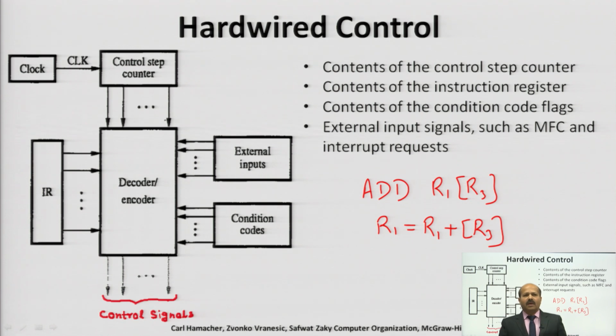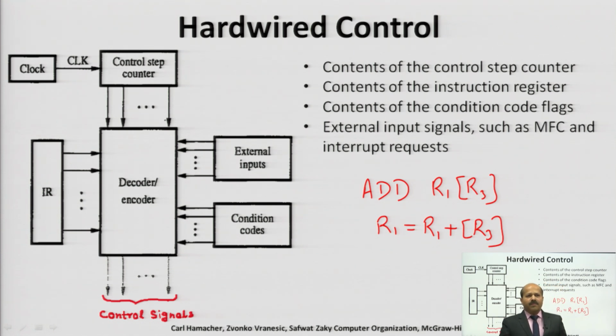Here we can see the generation of control signals will depend upon various inputs. So, here decoder and encoder are combinational circuits, which take a few inputs from various units and accordingly generate output in terms of control signals.